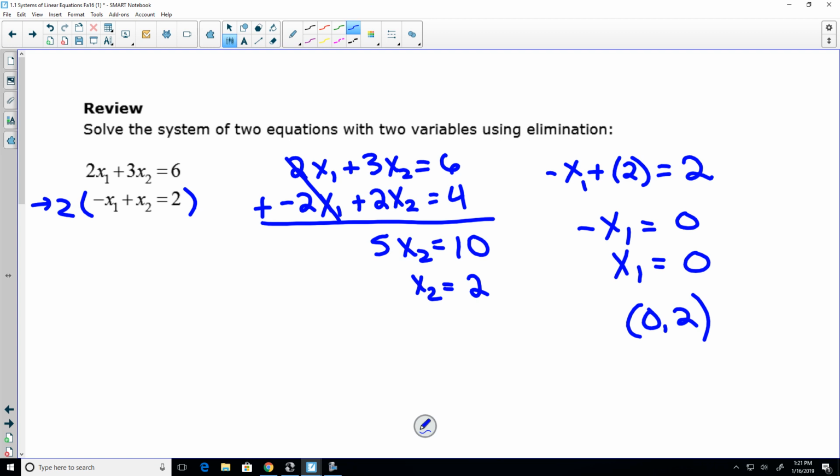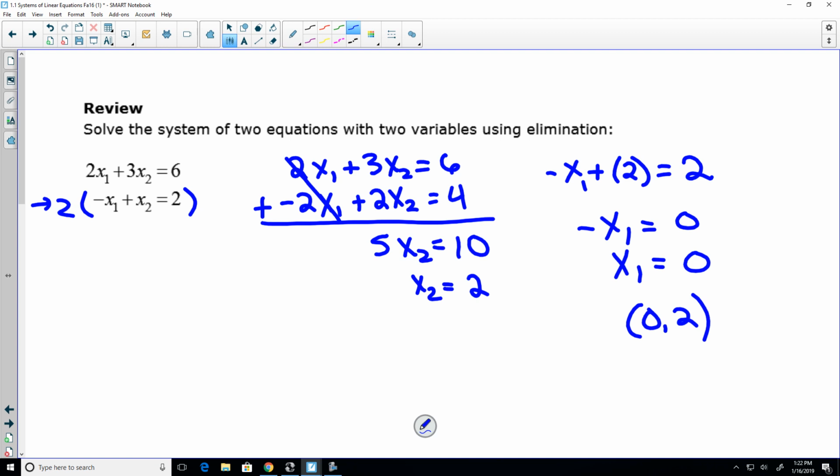Since Algebra 2 or whatever you took in high school, maybe. Why does this work? Why is this okay? It's bad to just do things because somebody told you to, but we need to understand it. Why does it work? Because we want these solutions to be the same. We don't want to mess up the solutions. So why is it okay to just stack these on top and add them?